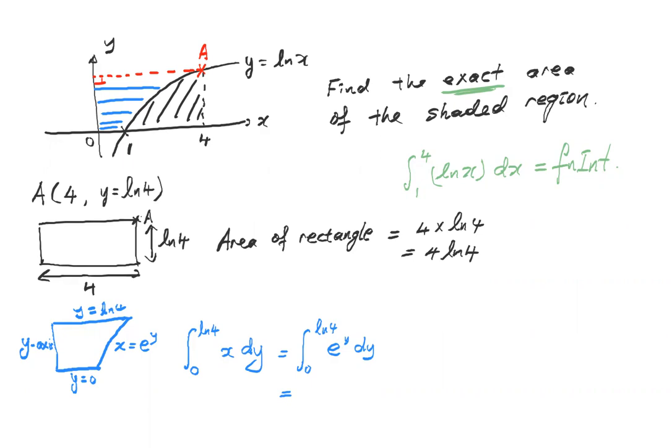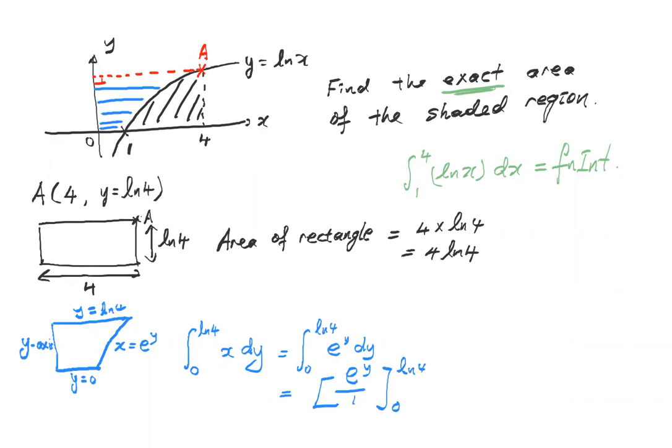Dixon, what is the answer? What is the area of the blue region? 3, yes. Because you have e to the y from 0 to ln 4.